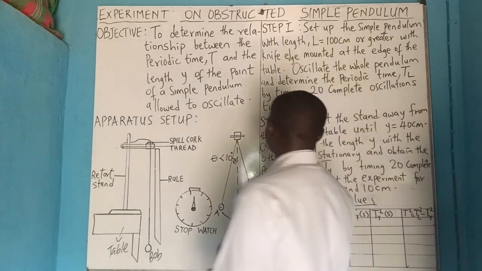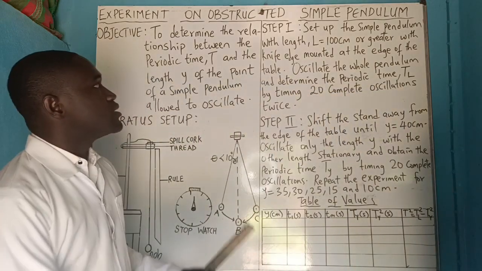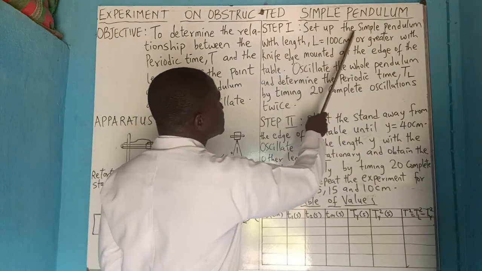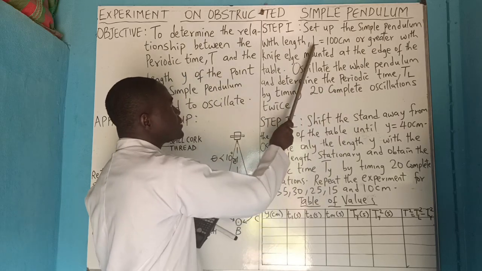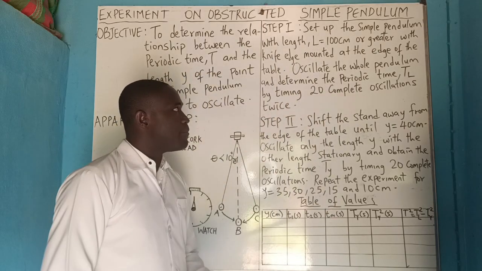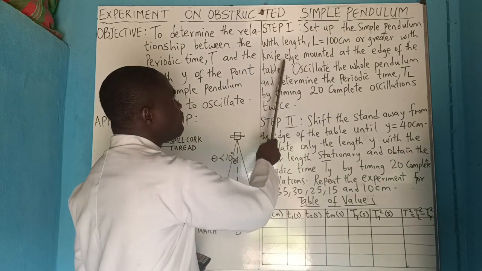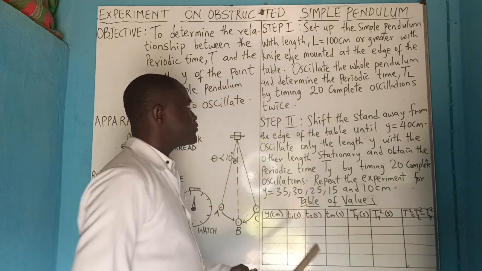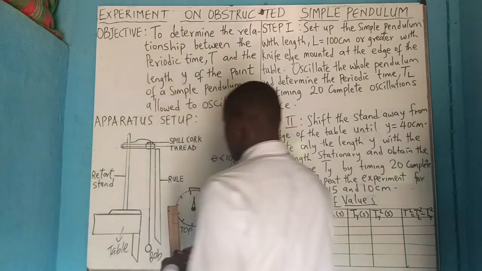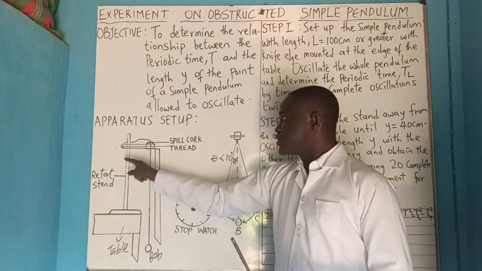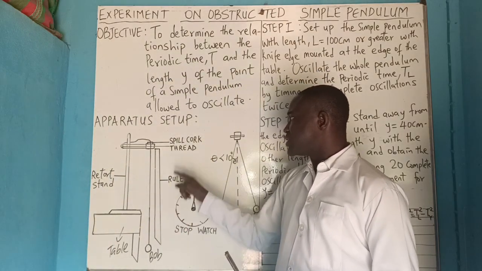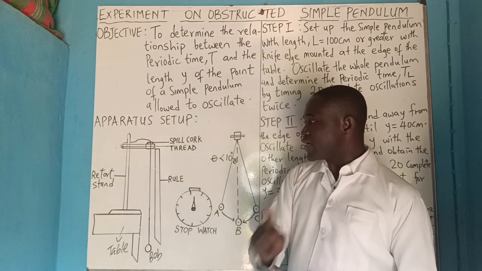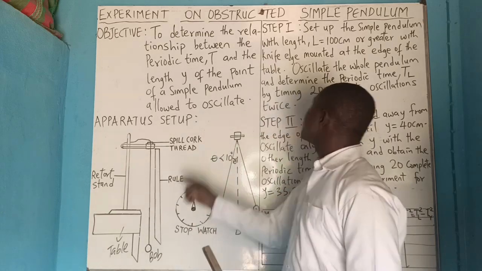Okay. Step 1. Set up the simple pendulum with length L equal to 100 cm or greater, with knife edge mounted at the edge of the table. You set it up with the length L equals 100 centimeters.